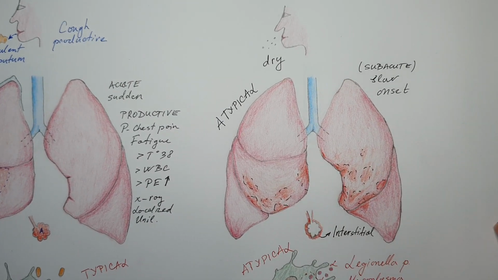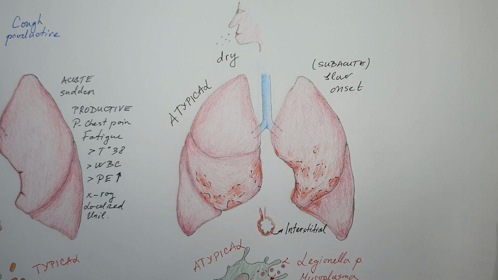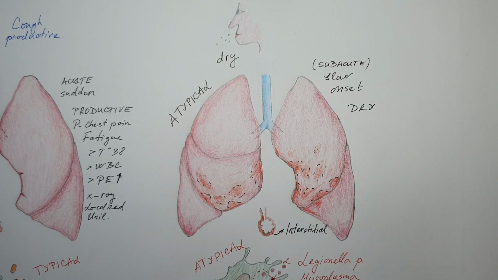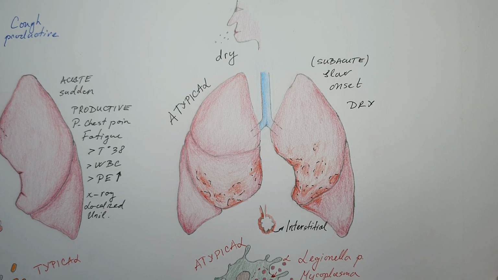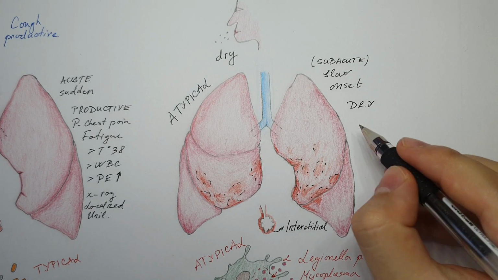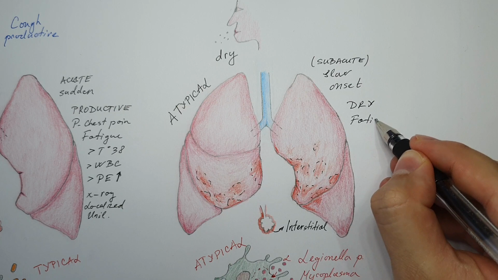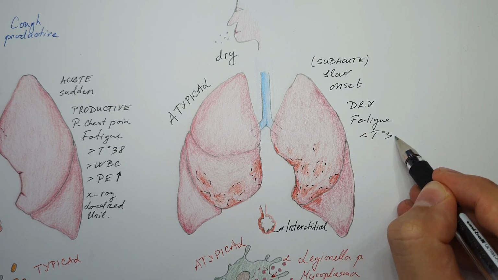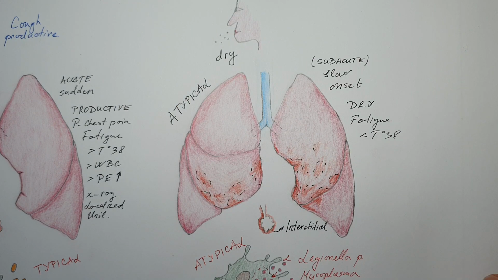In contrast to the atypical pneumonias, the cough will be dry. Chest pain is uncommon. Also, these patients will have fatigue. The temperature will be subfebrile most of the time.